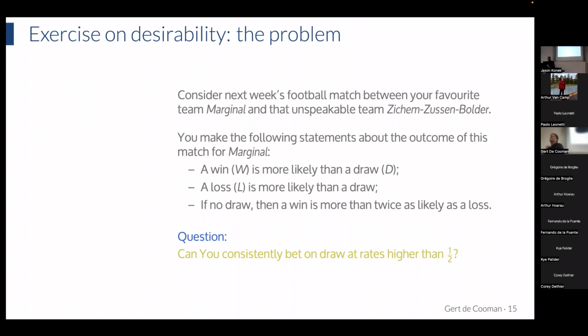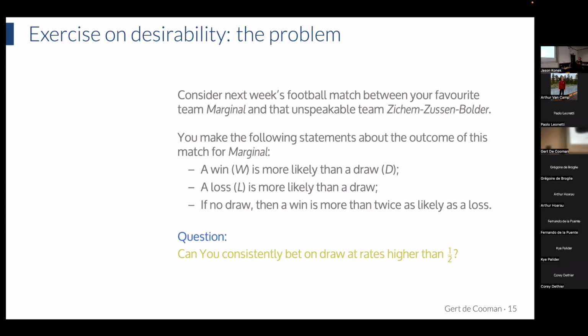You can do this in many ways. You can do it using credal sets, but I want you to use sets of desirable gambles to find an answer to this question. So the idea is you have an assessment. The three statements there are assessments, so they are desirable gambles.